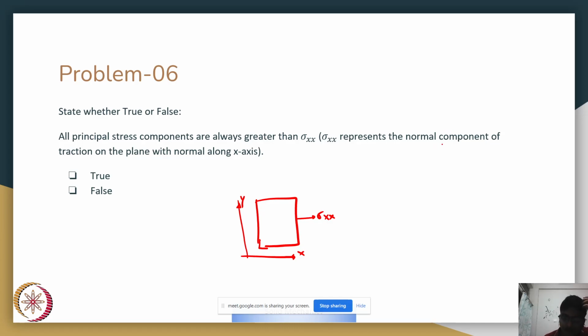Suppose for the sake of argument that your z direction is a principal axis.